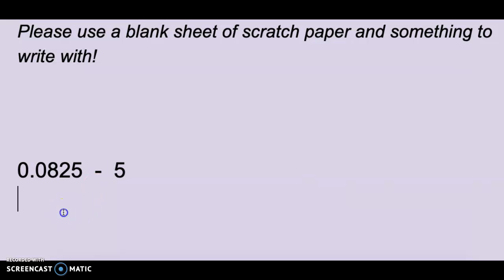Then you're going to subtract them. Multiply these two numbers. And then divide these two numbers.